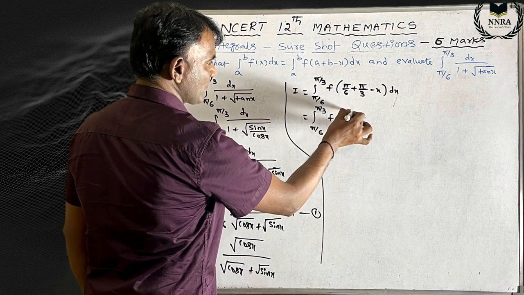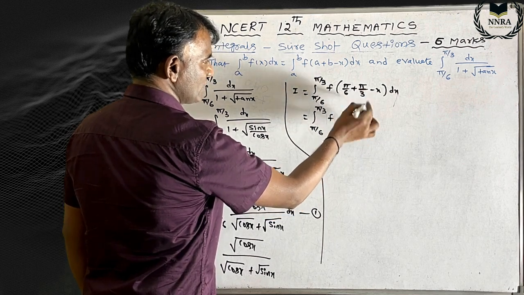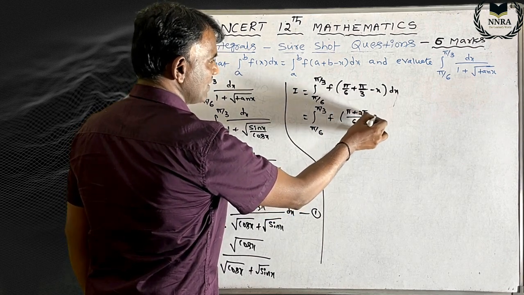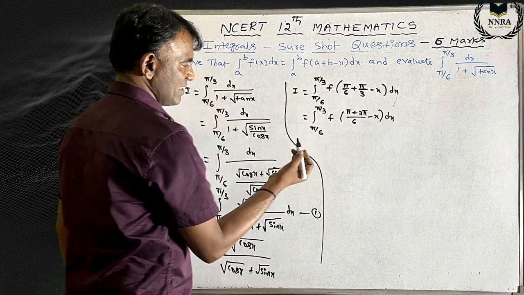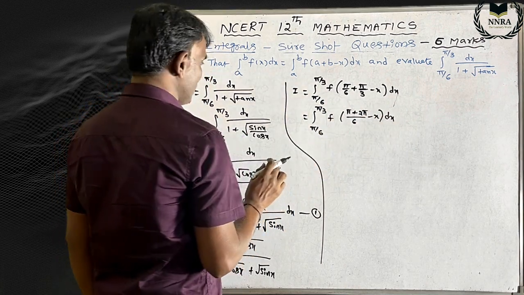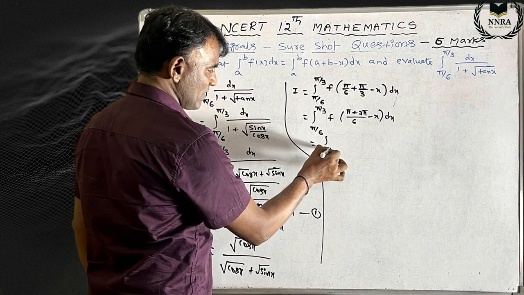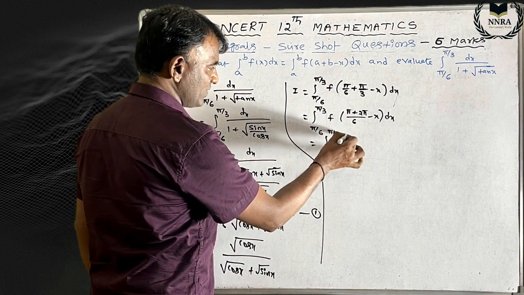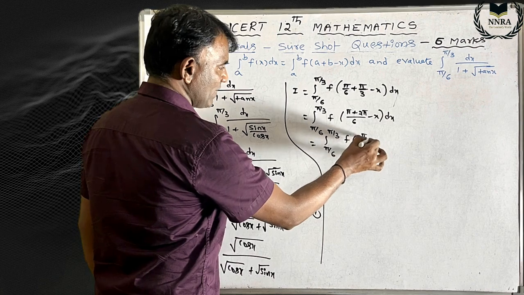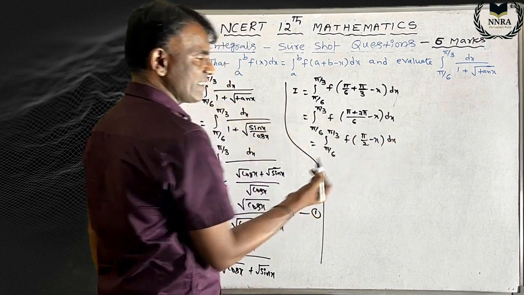So it is pi plus 3 to 6 means 2 pi, then minus x dx. So pi plus 2 pi is 3 pi. 3 pi by 6 means pi by 2. So integral pi by 6 to pi by 3 f of pi by 2 minus x into dx.